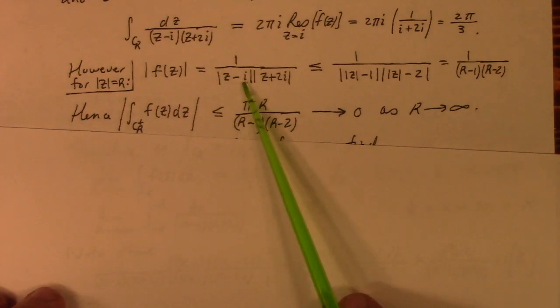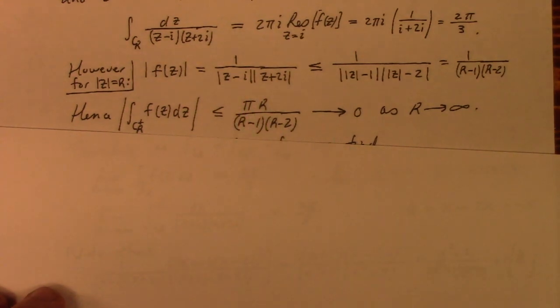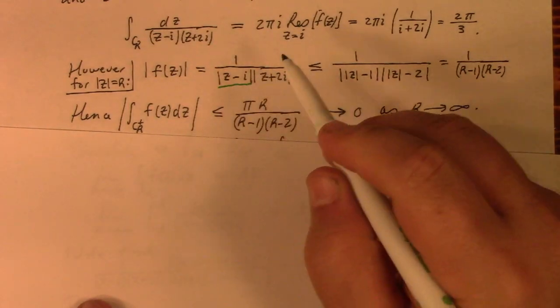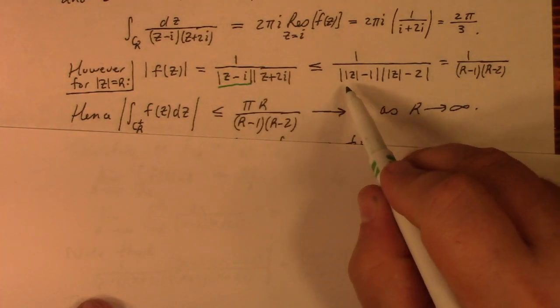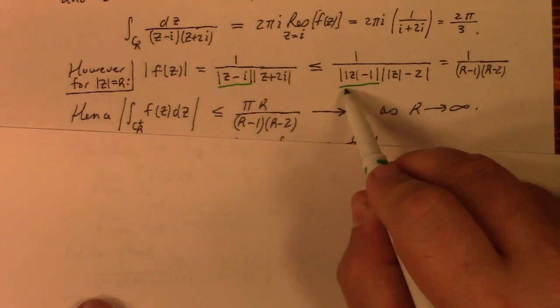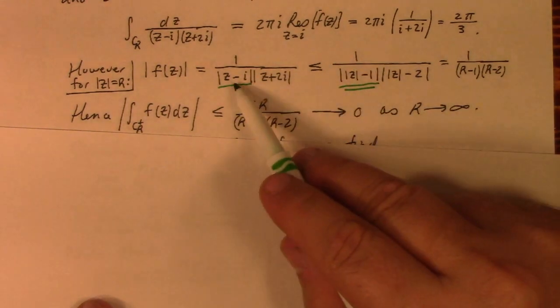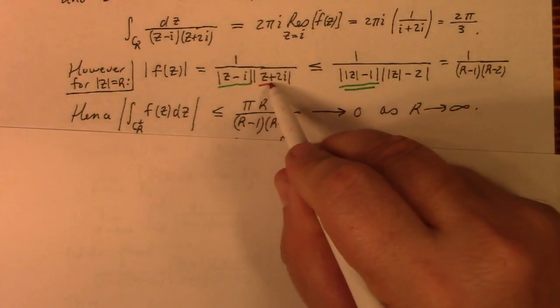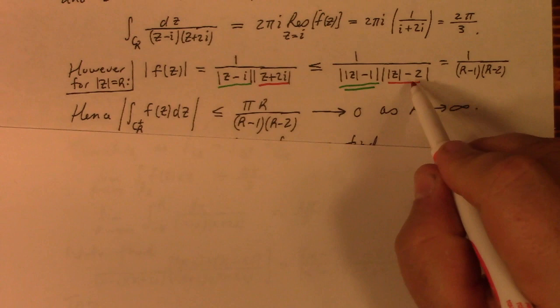So if I have this in the denominator, I can make this larger, right? I can make this right here, modulus of z minus i, what I'm double underlining over here is smaller than that, all right? And likewise, this is larger than that.